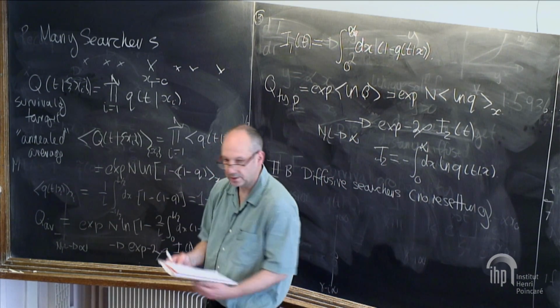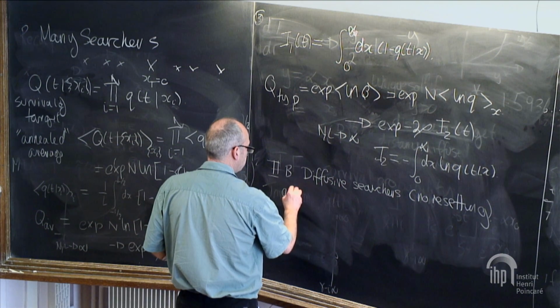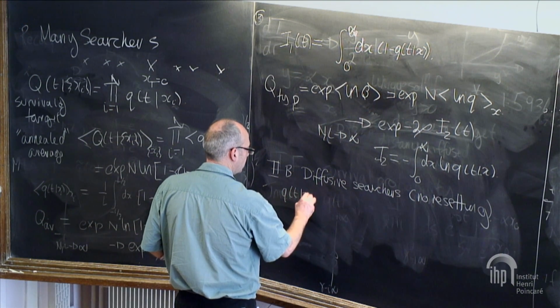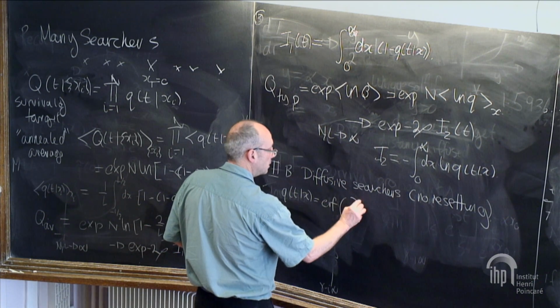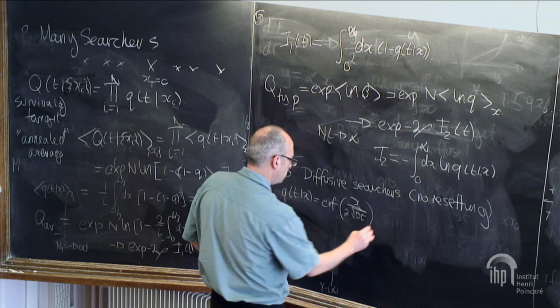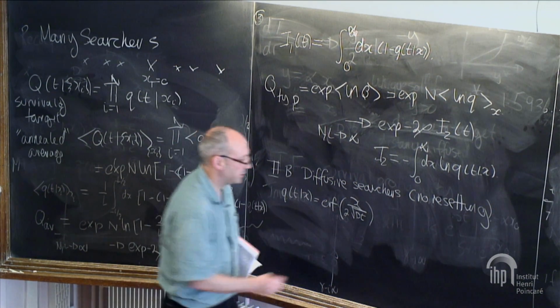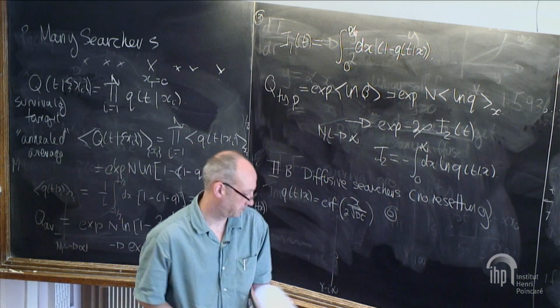So there's no resetting. We know from last time that for a diffusive particle, the survival probability Q is given by this error function. This was equation 6 from last time.